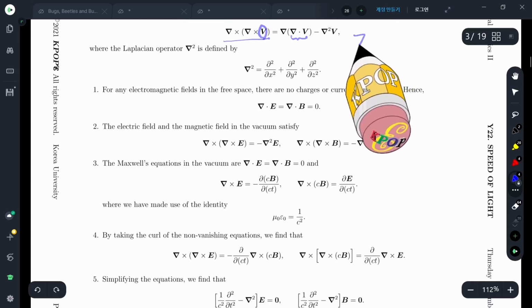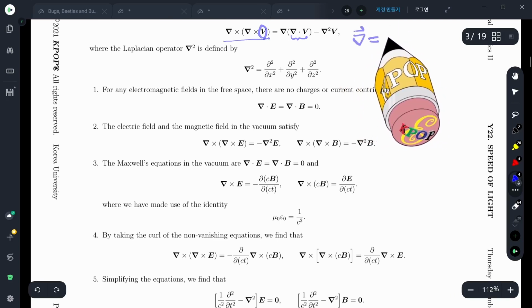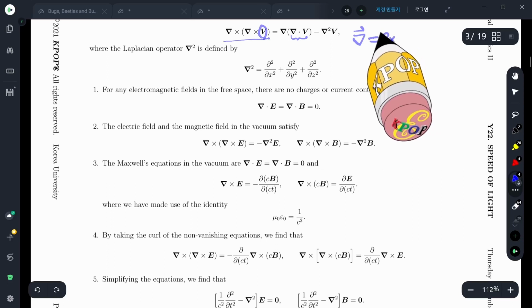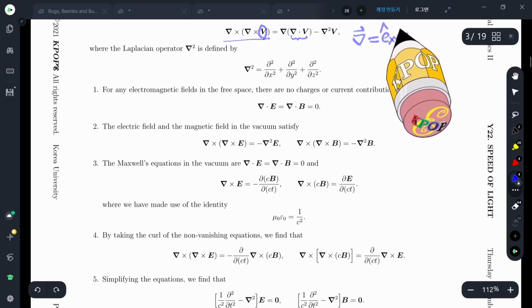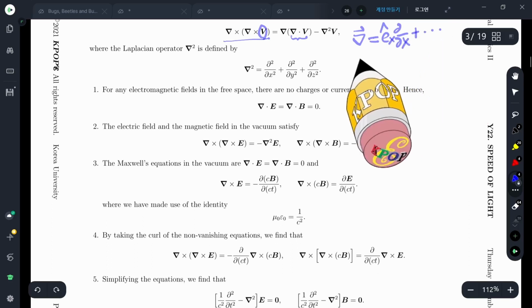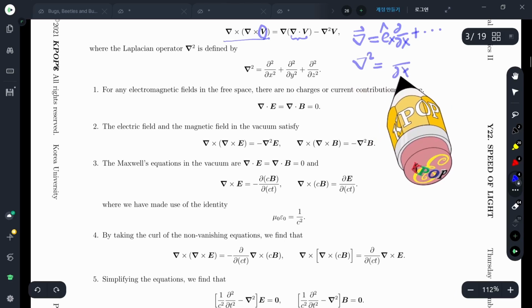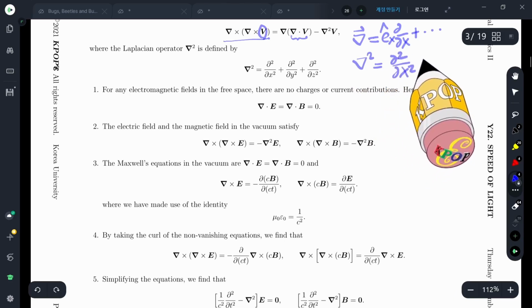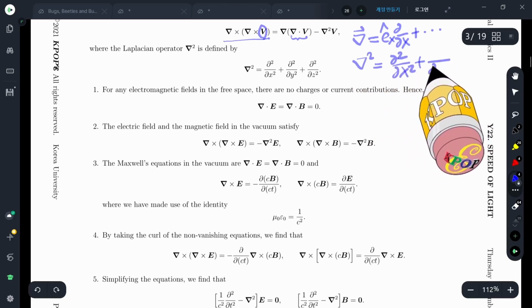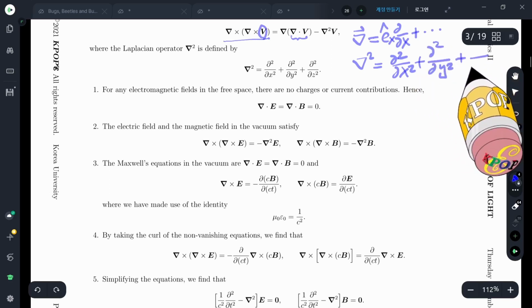We recall that this is a gradient operator: for the x component, x derivative, and then y component and z component. And if it is squared, we have the double derivative with respect to x, double derivative with respect to y, and double derivative with respect to z.